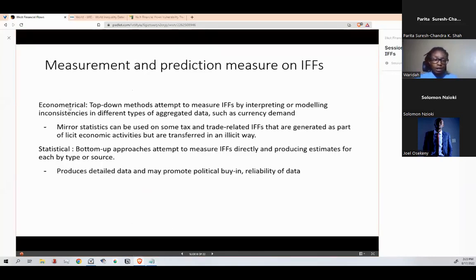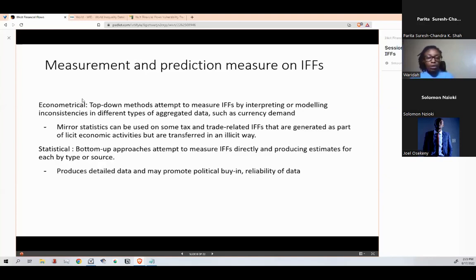So the econometrical methodology looks into comparing aggregate data of licit activity. So this is activity that is either tax or trade related, right? It is from a licit activity, and then somehow it got into the illicit.